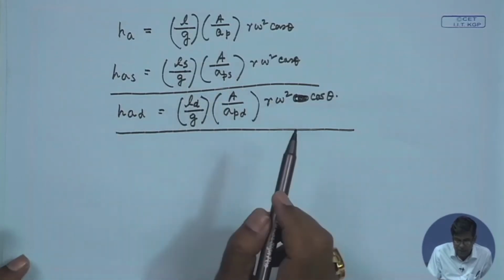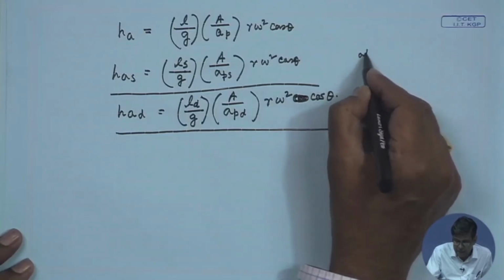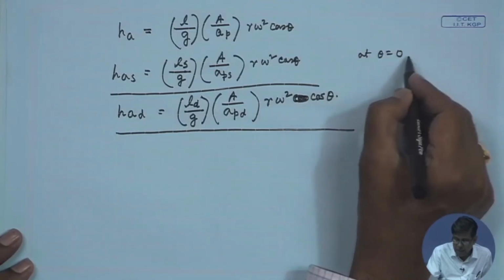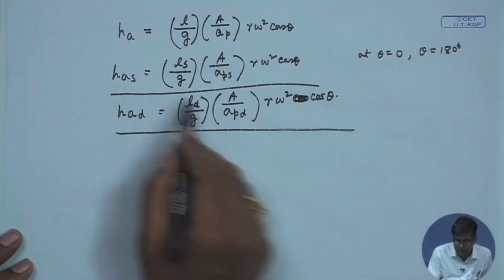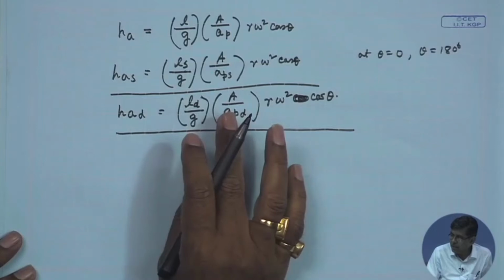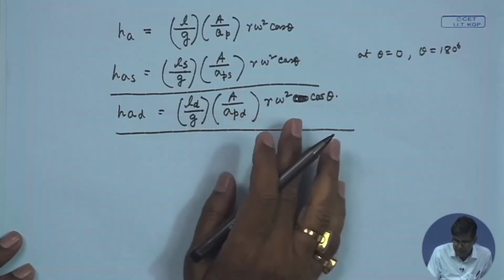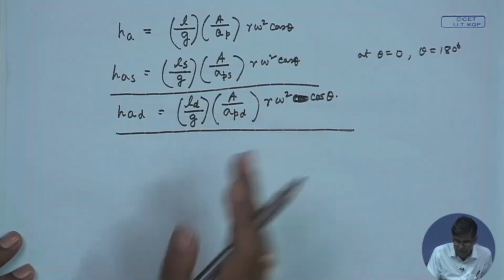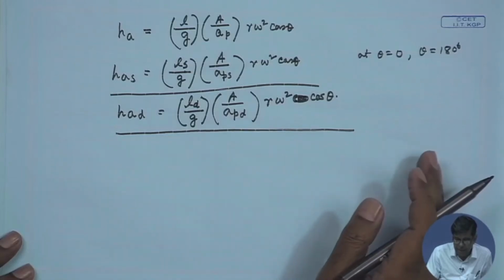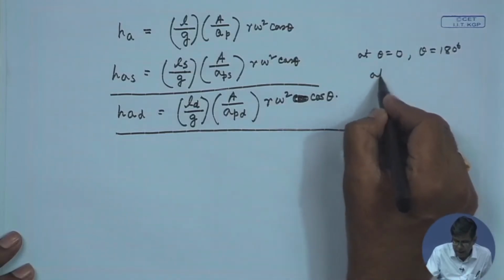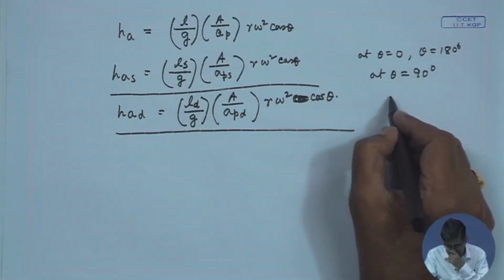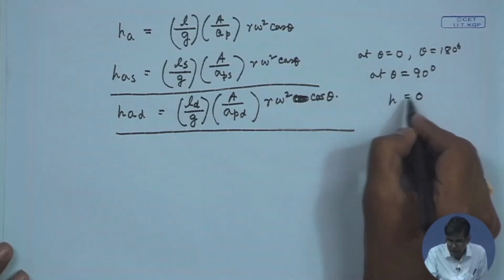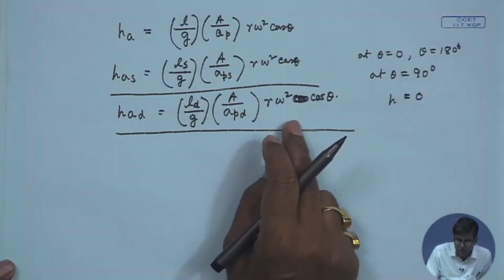Now, from here it is clear that at theta equal to 0 and at theta equal to 180 degree, the acceleration head is maximum, with a change in sign. That means the acceleration is maximum at the two dead centers, inner and outer dead center, and at theta equal to 90 degree the acceleration is 0, H is 0, whereas the velocity is maximum.